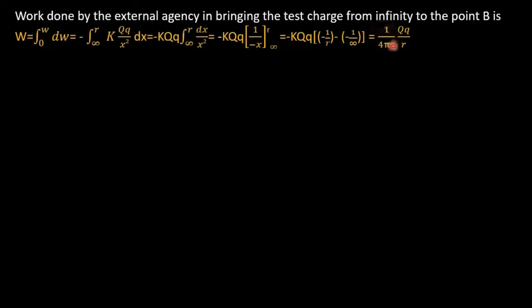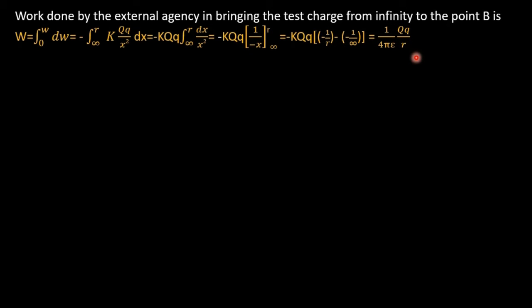Here 1 by 4 pi epsilon is the value of K, and epsilon is the permittivity of the medium where the two charges are kept. Now medium means it may be glass, it may be distilled water, it may be paper.